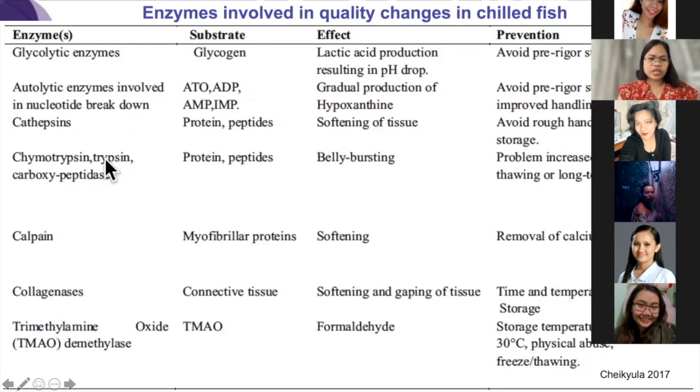And then yung chymotrypsin and trypsin, these are your proteases. It causes belly bursting. And note na ang problem increases with freezing, thawing, or long-term chill storage. So we will discuss more about chymotrypsin and trypsin when we discuss low temperature storage later on.